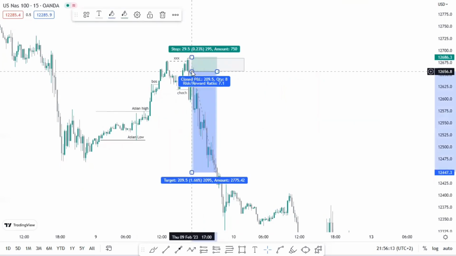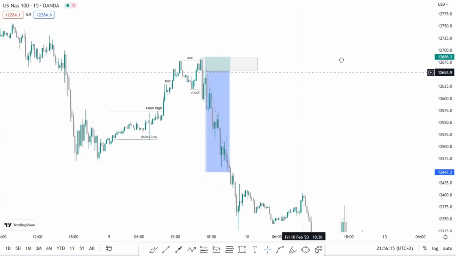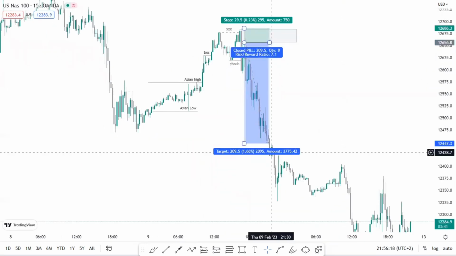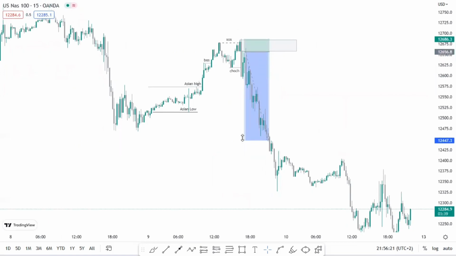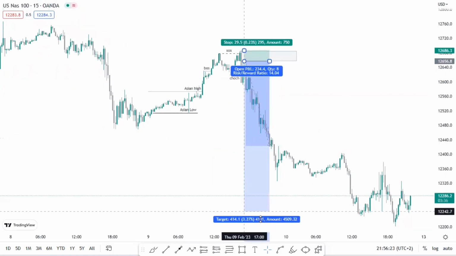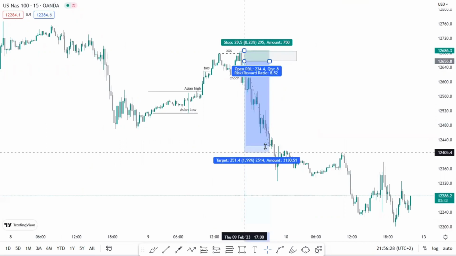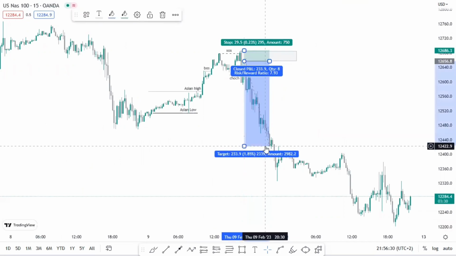But yeah, 1 is to 7, I would have taken my profits. As you guys saw, the market shot down all the way until here. It's like 1 is to 15. It's decent. You guys can hold it all the way, but I get my 1 is to 10 and I'm out.